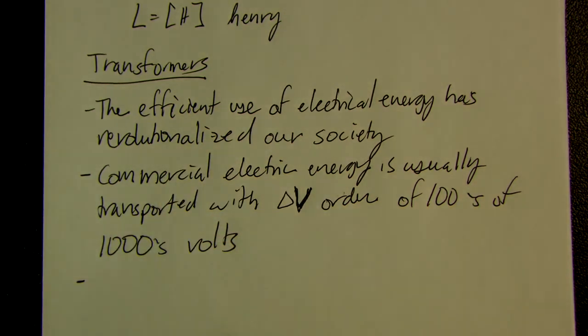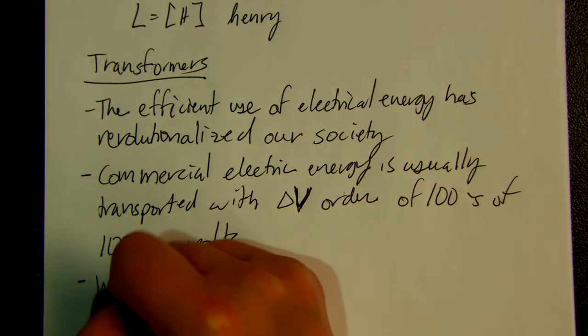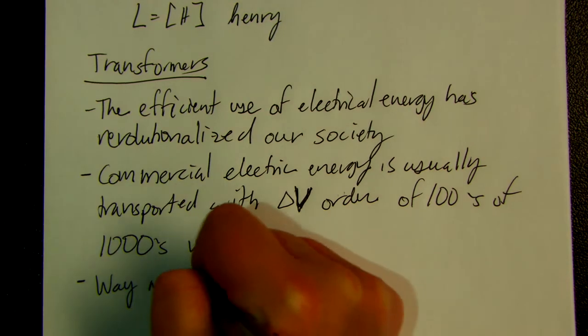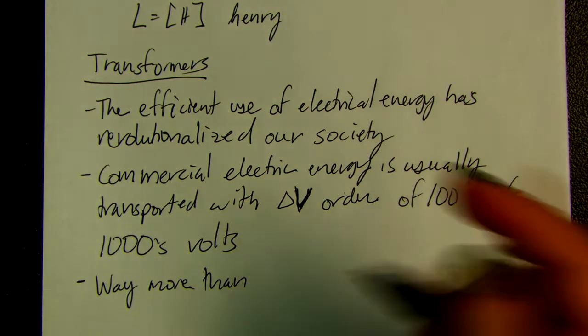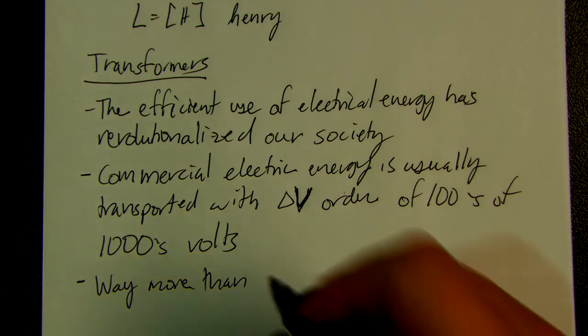We don't want that type of danger in our houses. And also, it's just an utterly inefficient use. We just don't need that type of voltage. So, way more than needed for home use, but good for transportation, just like we have very large water pipes that transport water, and then we get to our homes and the pipes get a lot smaller.